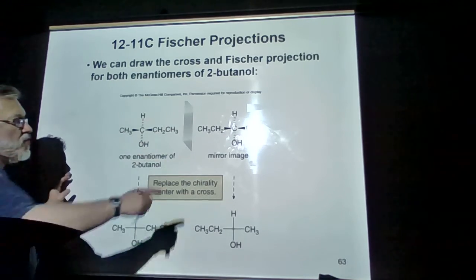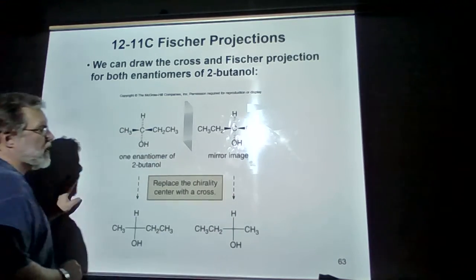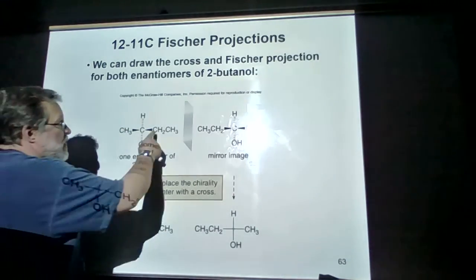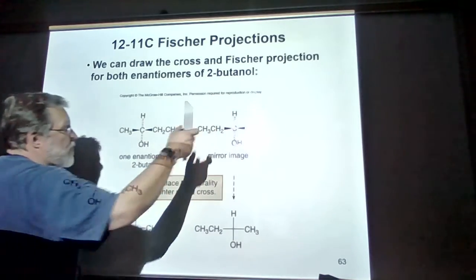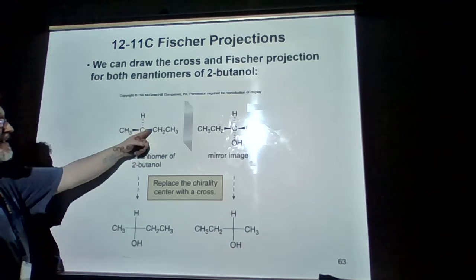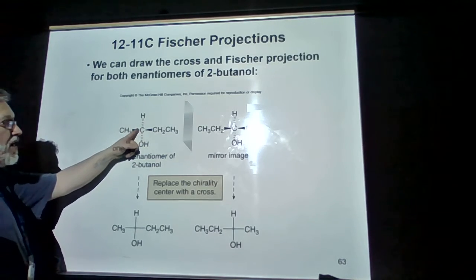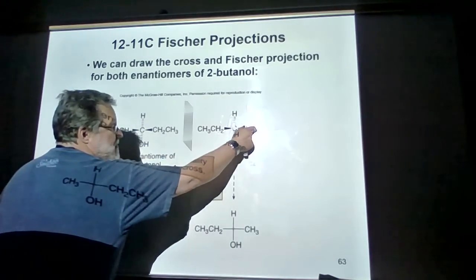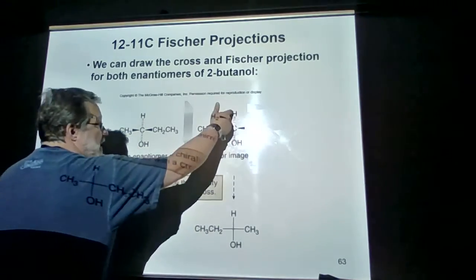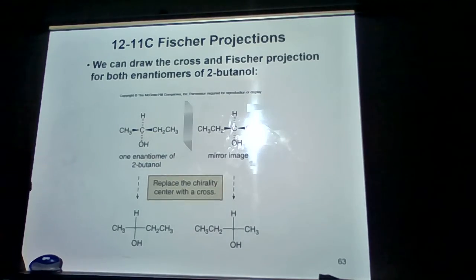We are drawing what we are representing on this side of the mirror, what the mirror image would look like. So we've got the CH2CH3 coming forward. We've got the CH3 coming forward, but it is behind this carbon, so we flopped the CH3 over here. The H and the OH are still back and going into the board.